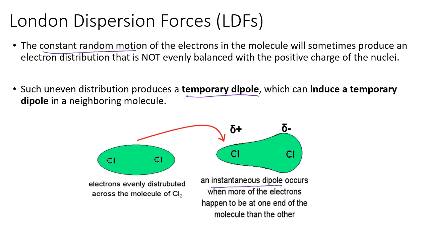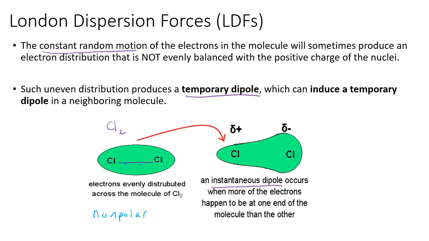And then if you form an instantaneous dipole in one molecule, you can cause another dipole to form in a neighboring molecule. So imagine that in the picture on the left, we have Cl2, chlorine gas, and technically the difference in electronegativity between each of the chlorines is 0. So the electrons should be perfectly in the middle, and technically we would have no partial charges because it's a non-polar covalent bond.